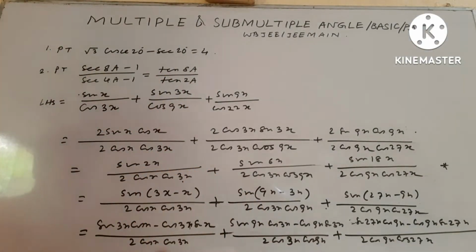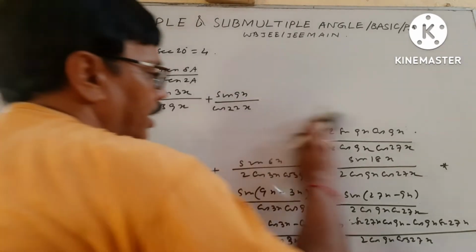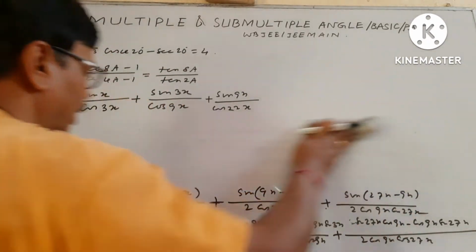The denominator contains one term, so you divide term by term.